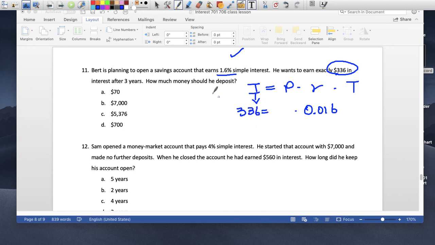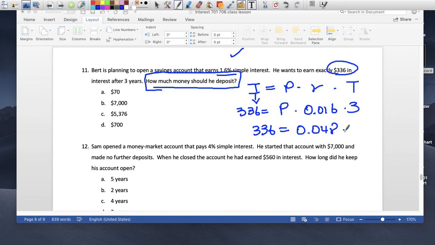The principal, how much money should he deposit? That's our unknown variable, so that's going to be P. And the time is 3 years. So on the right side, I can multiply 3 times 0.016, which is 0.048, P. Don't forget the P. Now divide that side by 0.048, and let's divide this side by 0.048.